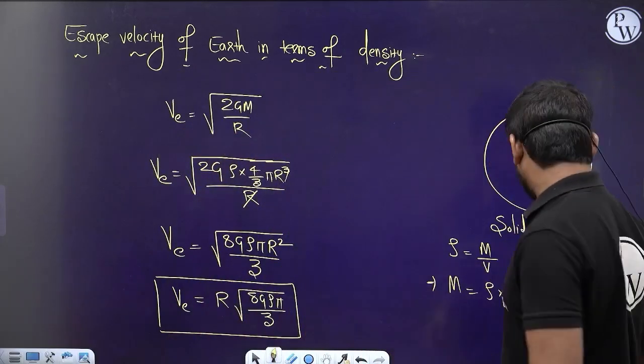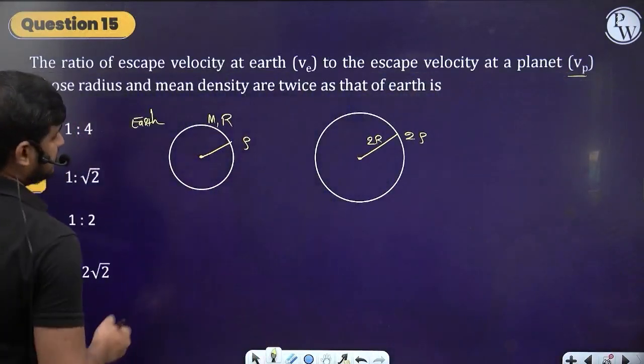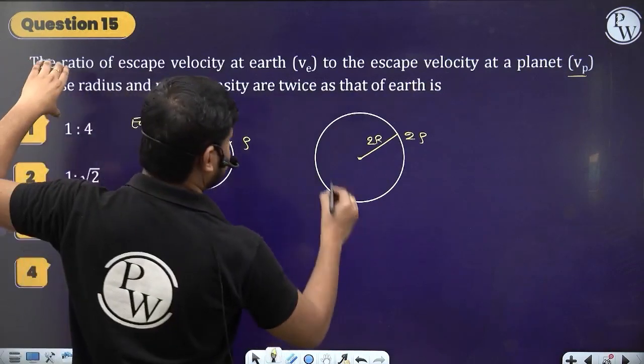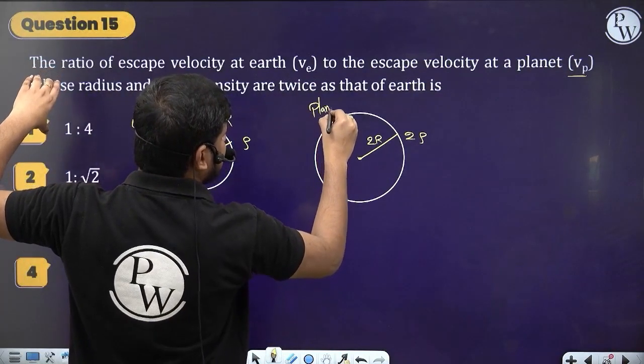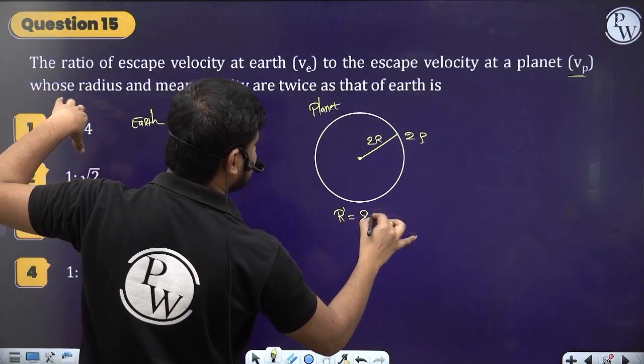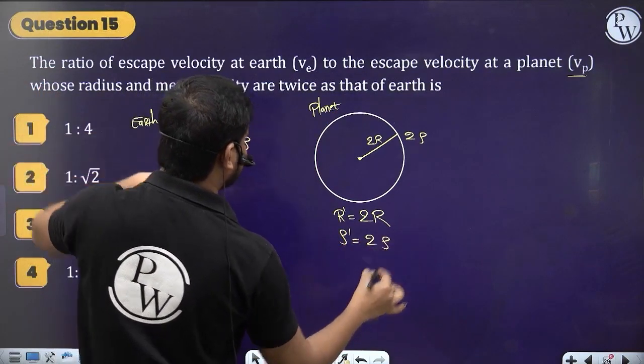Now let's see this question. The Earth has mass m and density rho, and the other planet has radius, let it be r dash, which is twice the radius, and density rho dash, which is twice the density of the Earth.